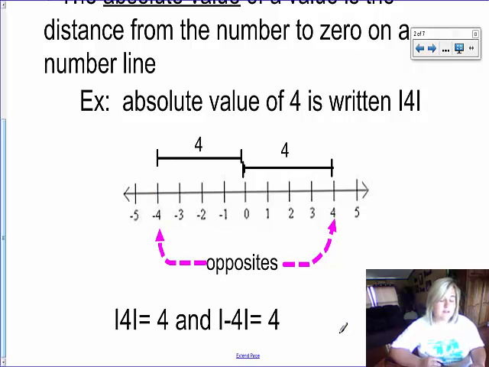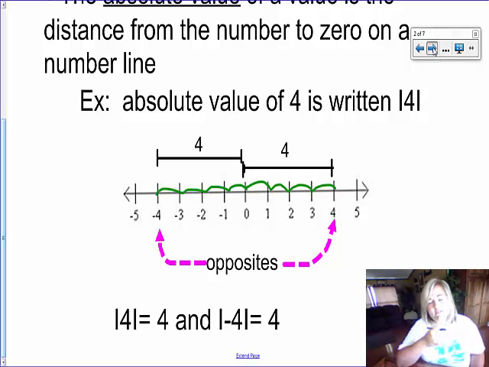They both have the same absolute value because they're both 4 units from 0. So from 0 to 4, I have 1, 2, 3, 4 units. From 0 to negative 4, I have 1, 2, 3, 4 units, which gives me an absolute value of 4.